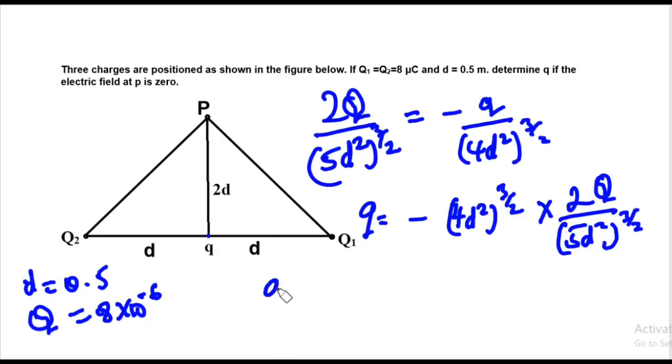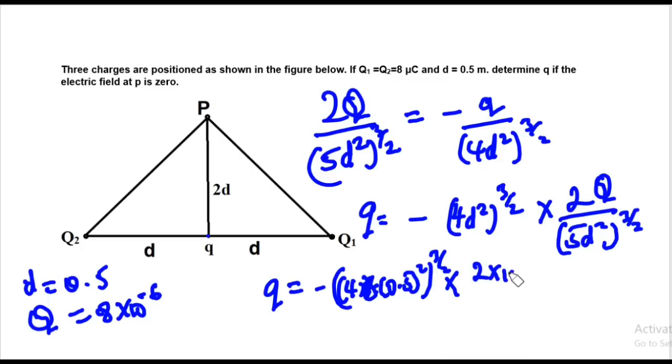So we have that this will be minus 4 times 0.5 squared, all to the power of 3 upon 2, times 2q, 2 times 8 times 10 raised to the power minus 6, upon 5 times 0.5 to the power of 2, all to the power of 3 upon 2.